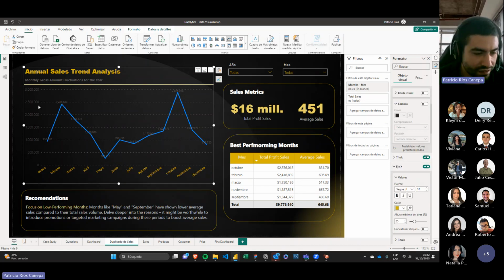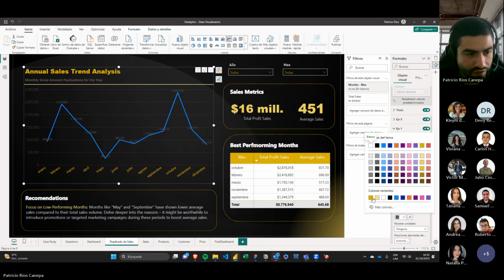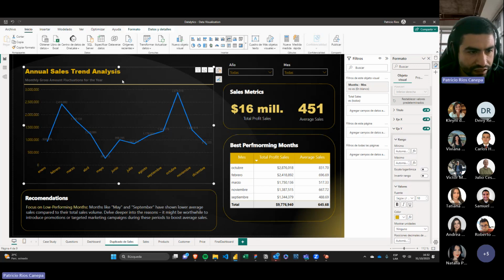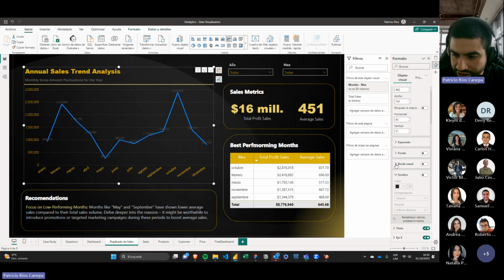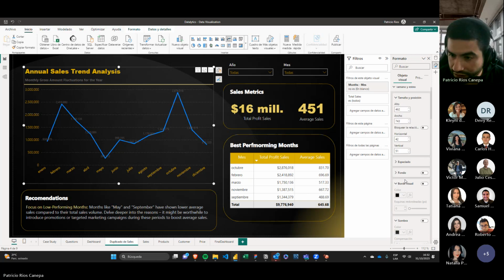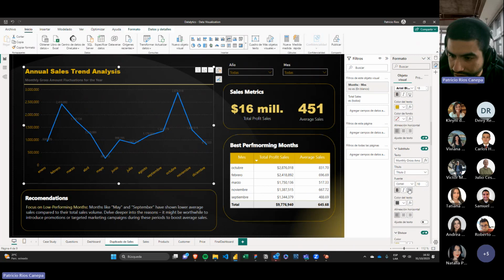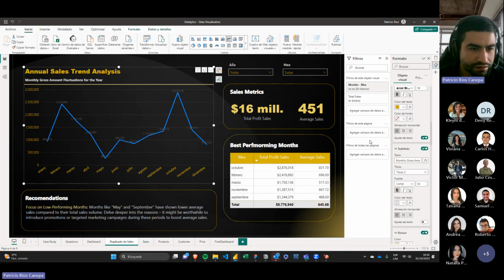As you can see, this y-axis is not showing, so let's just try it again. Now we can see here the label. We cannot see, so we should try to put another color font. This is in the title, subtitle. Maybe we should go for a gray. Okay, so now it looks better.